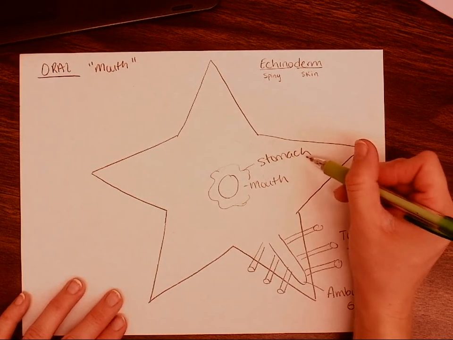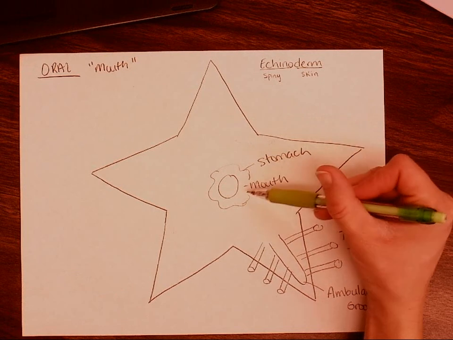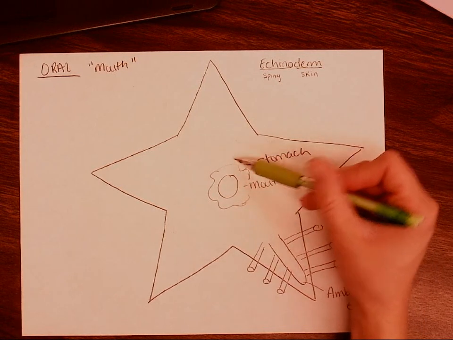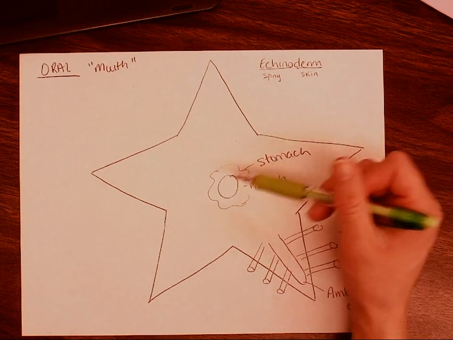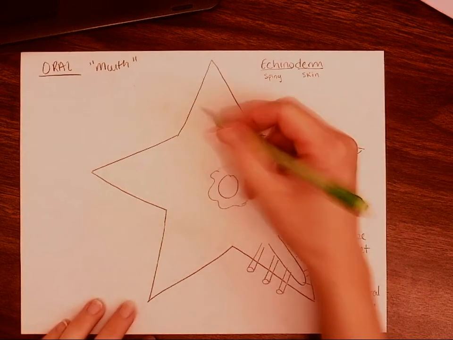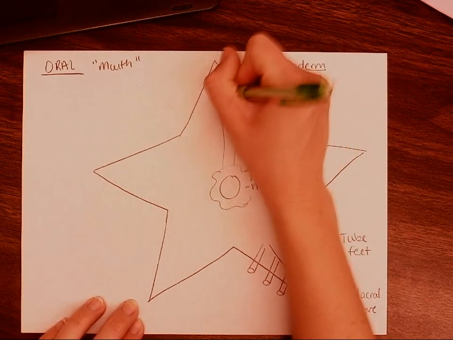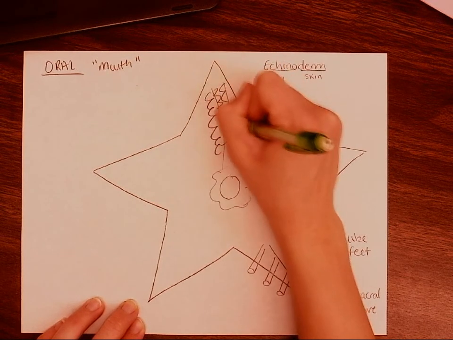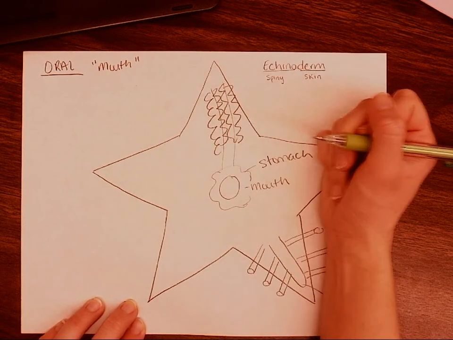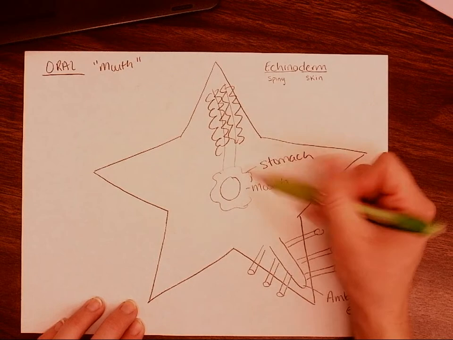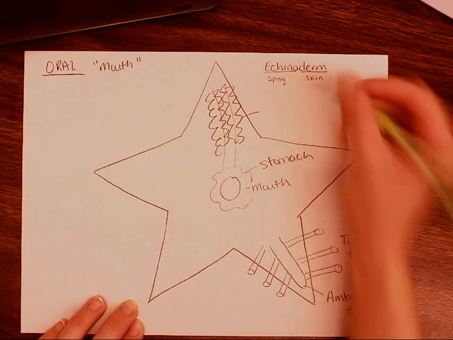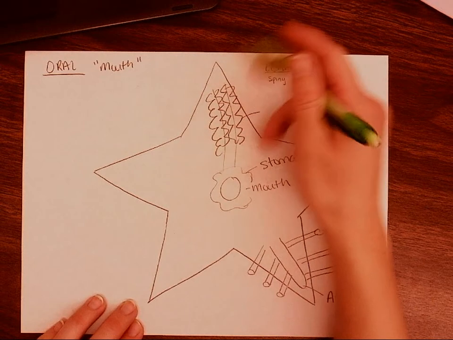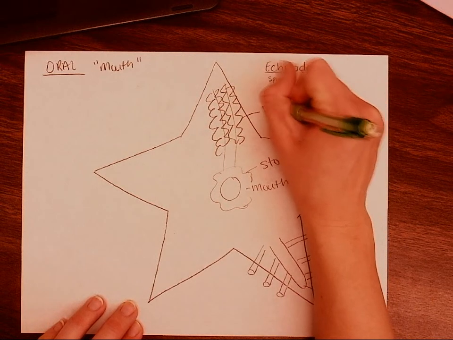Something that's really cool about the stomach is it can extend from its body and start to digest its prey. And then it has a second stomach on the inside, where it's going to further break down these nutrients before it's then passed to these digestive glands running down the length of our arm here of our starfish. And I'm just going to draw these digestive glands coming from our stomach here. But just know we're not going to see them from the oral view. We're only going to see them from the aboral view.